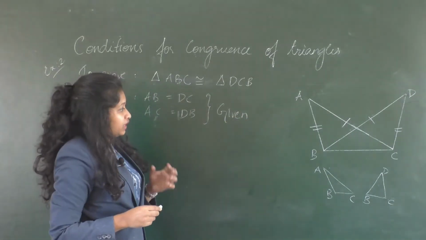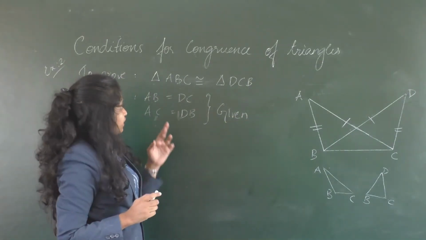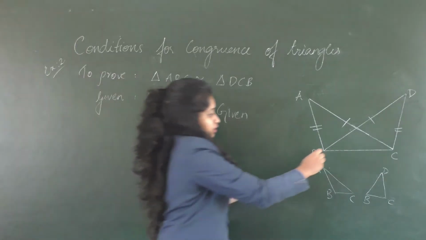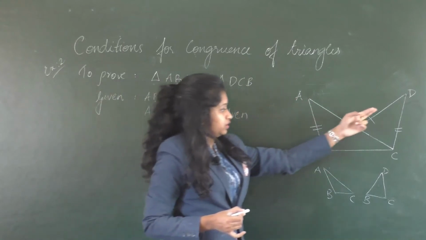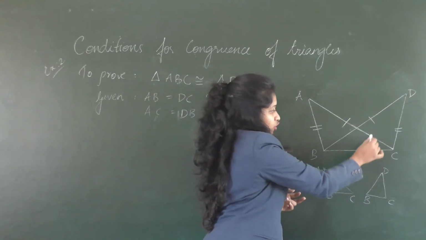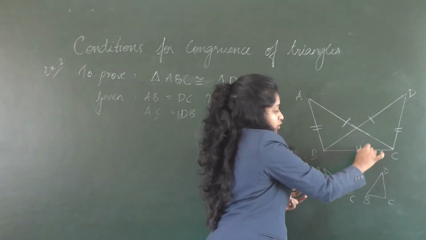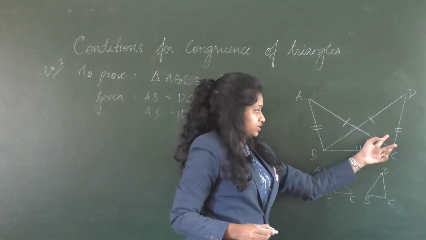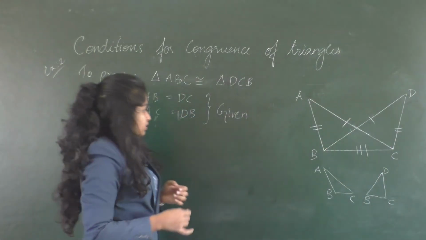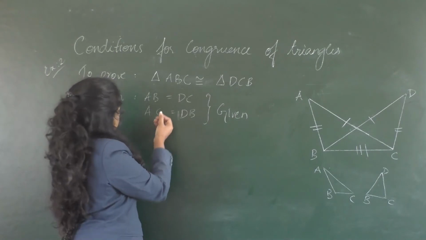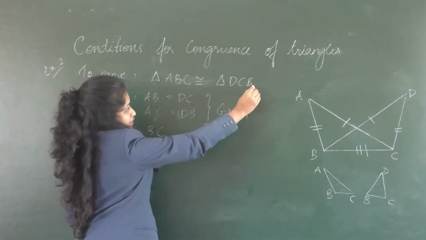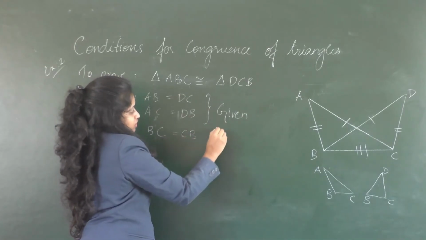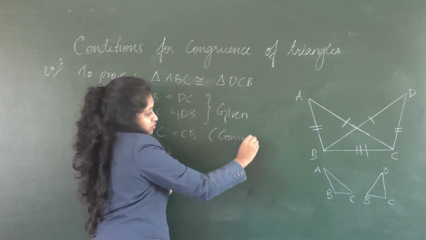Okay. And if you notice, in triangle ABC, BC is common with triangle DCB. BC is the common side for both of these triangles, isn't it? So here with triangle ABC, BC and this CB is common.